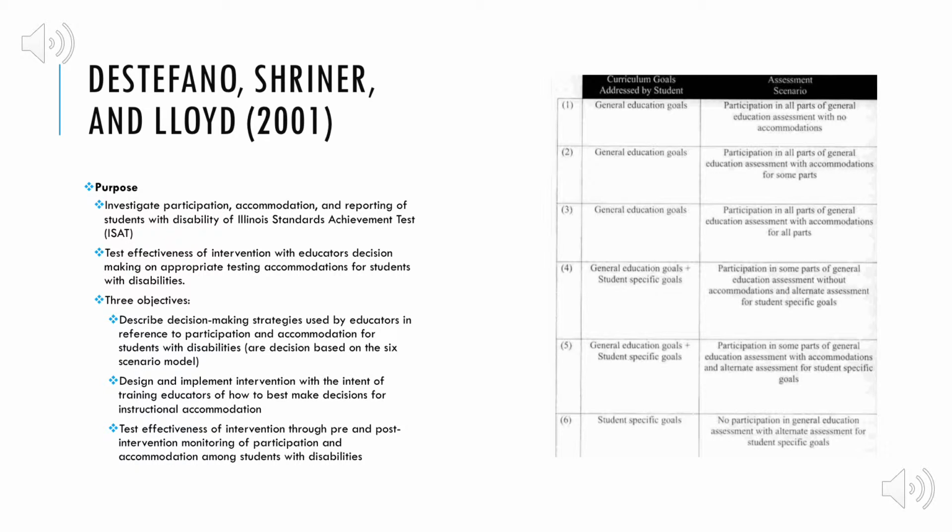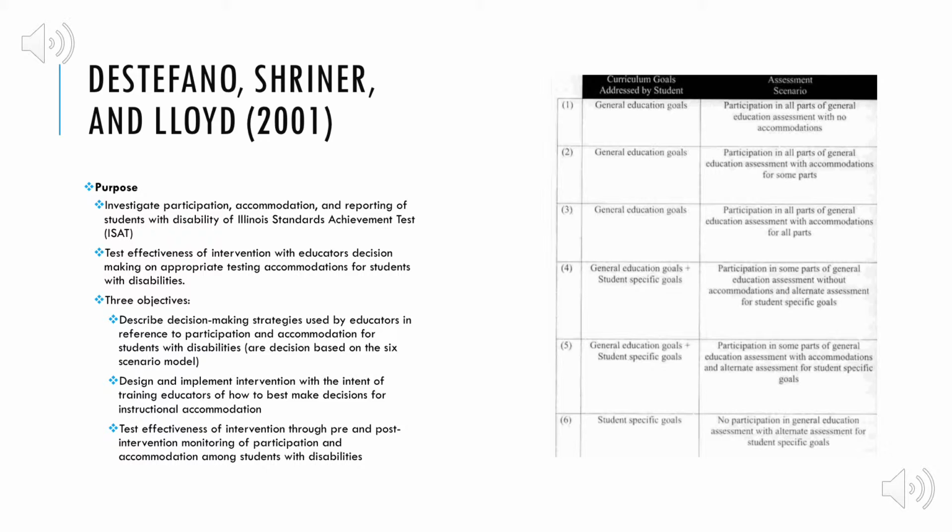A second piece of research I chose investigated participation and accommodation on the Illinois Standards Achievement Test, or the ISAT. The researchers were also interested in testing the effectiveness of intervention with educators' decision making on appropriate test accommodations for students with disabilities.